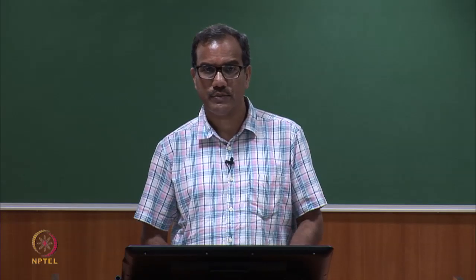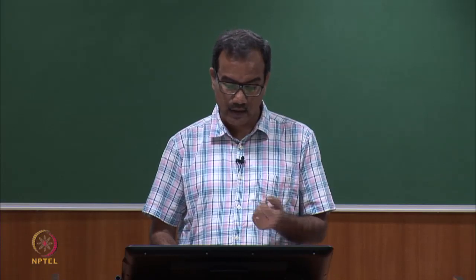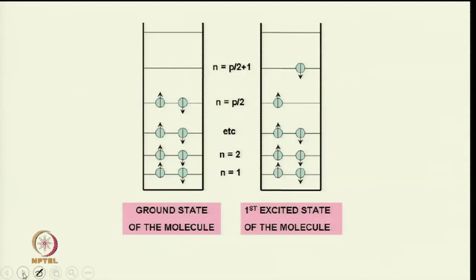So, the number of electrons in conjugation is 8, and so if I try to fill in the electronic states, the different molecular levels, how we are going to do it is: 2 in the ground state, 2 in this state, 2 in this state, and 2 in this state.